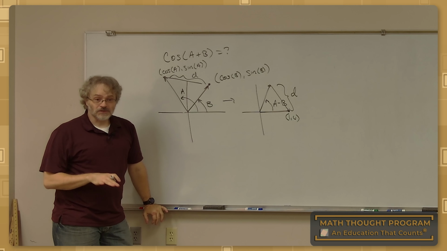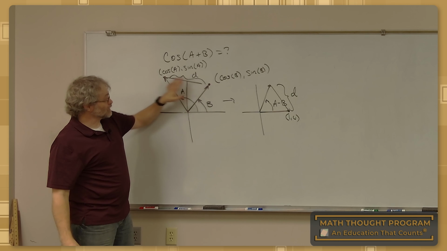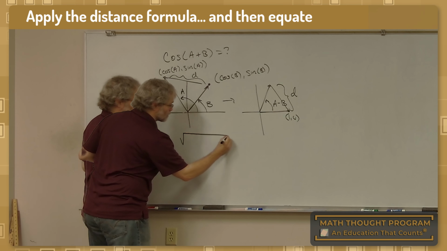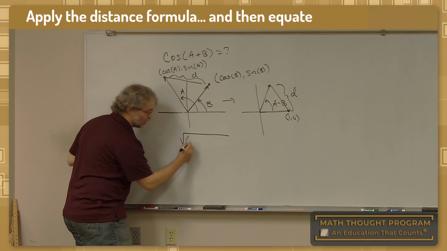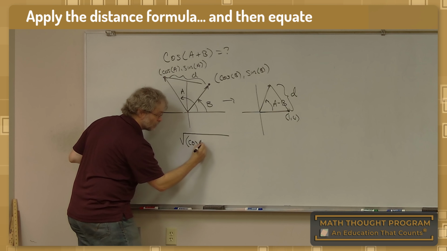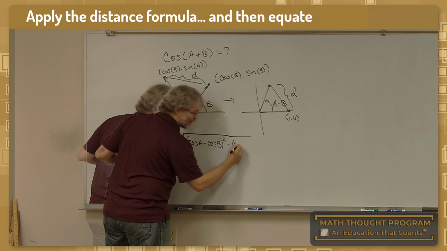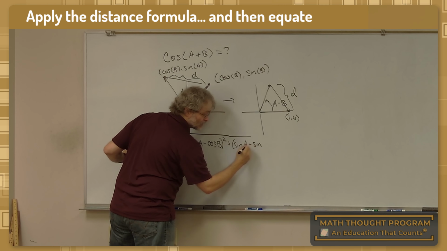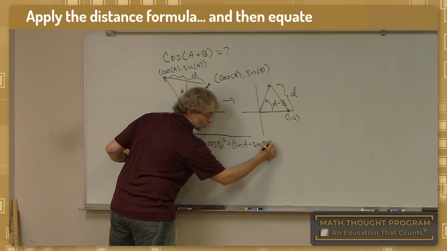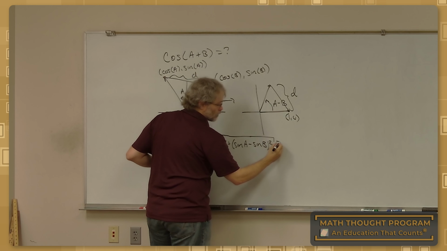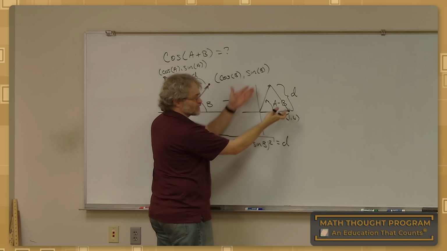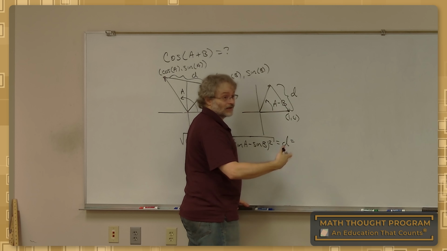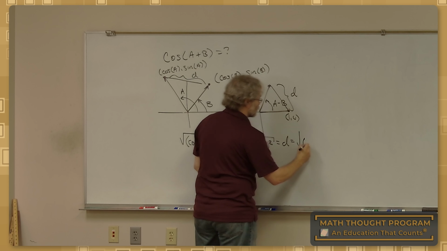If I want to find the distance between two points, from this point to that point, I can use the distance formula. So I'd have the square root of cosine of A minus cosine of B, squared, added to sine of A minus sine of B, all squared. Well, it's the exact same distance from here to here, so I can also apply the distance formula there.